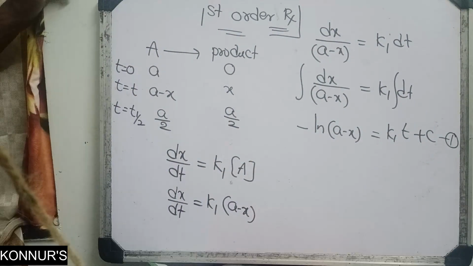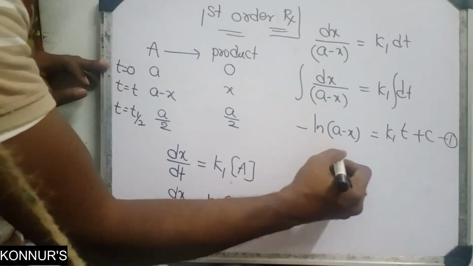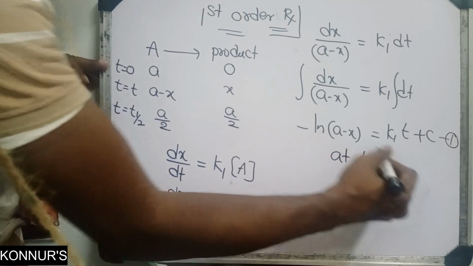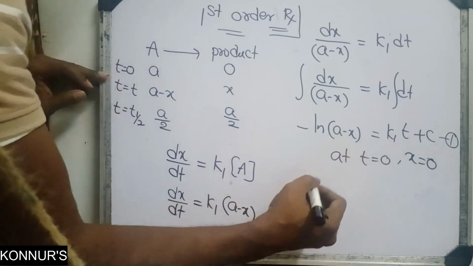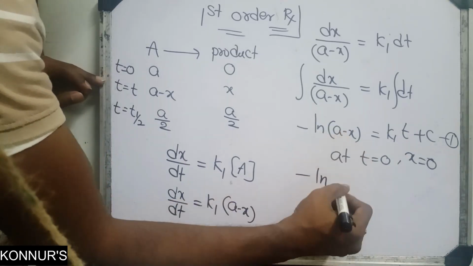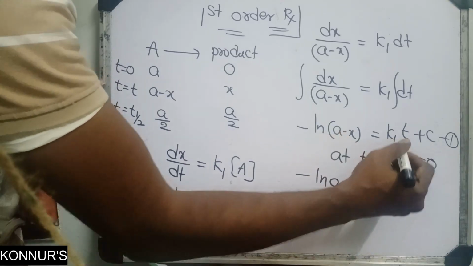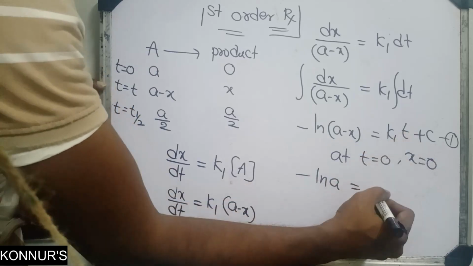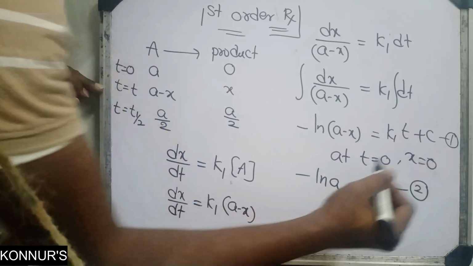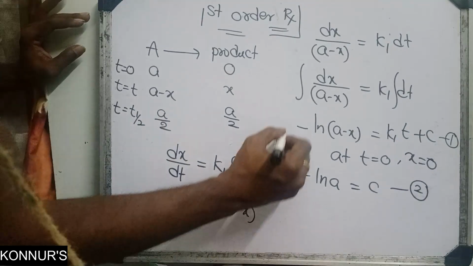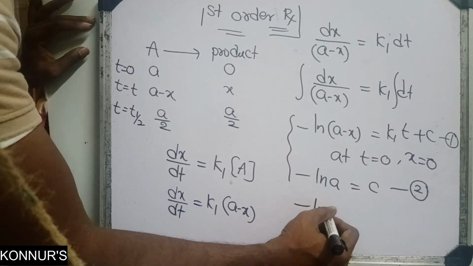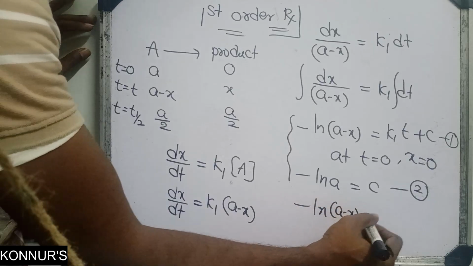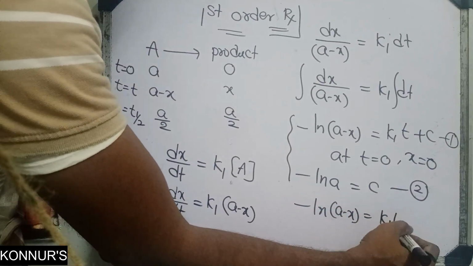We already know at t equal to 0, x value is 0, so minus ln A equal to K1 into 0 plus c. That is equation 2. From 1 minus 2: minus ln of A minus x equal to K1t minus ln A.